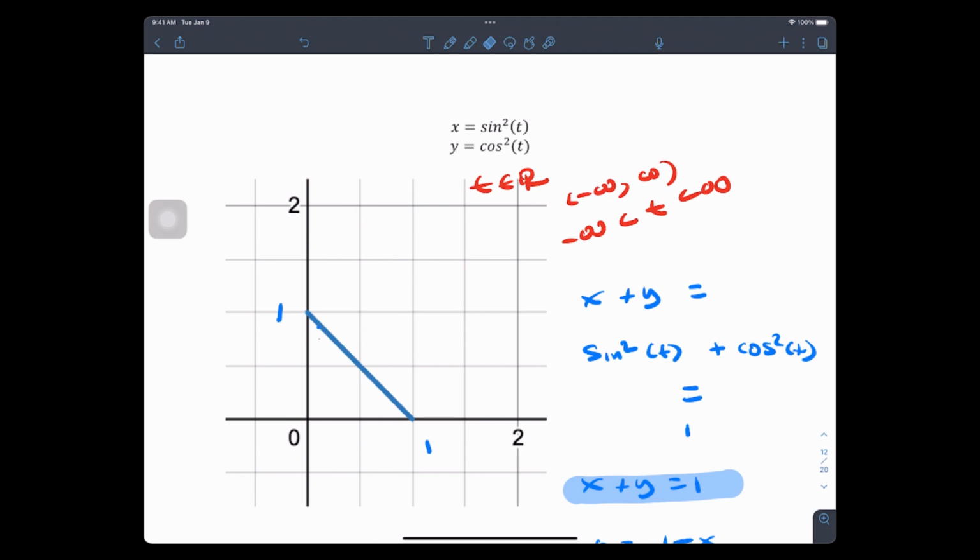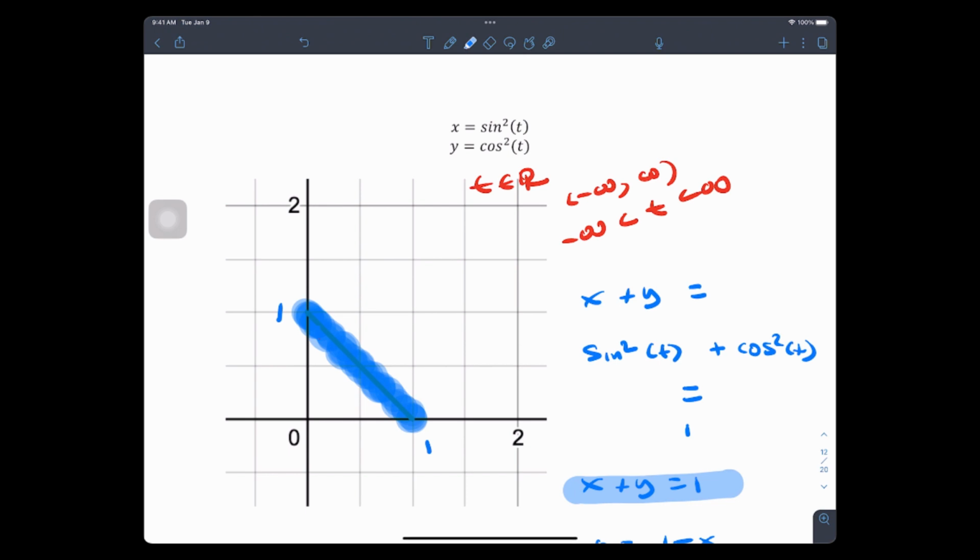So if you put this in a computer that graphs and say, I want x to be sine squared, y to be cosine squared, this is what the computer does when it sketches it. It uses various t values and plots it. It's a computer. It does simple things very fast. So I can do it slow, but my point is it starts at some t value, whatever that program does, and it just starts plotting all these points until it ends at some t value.